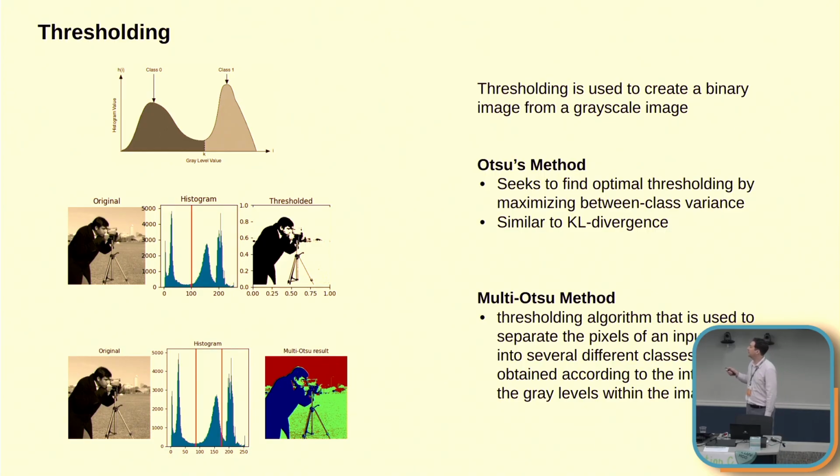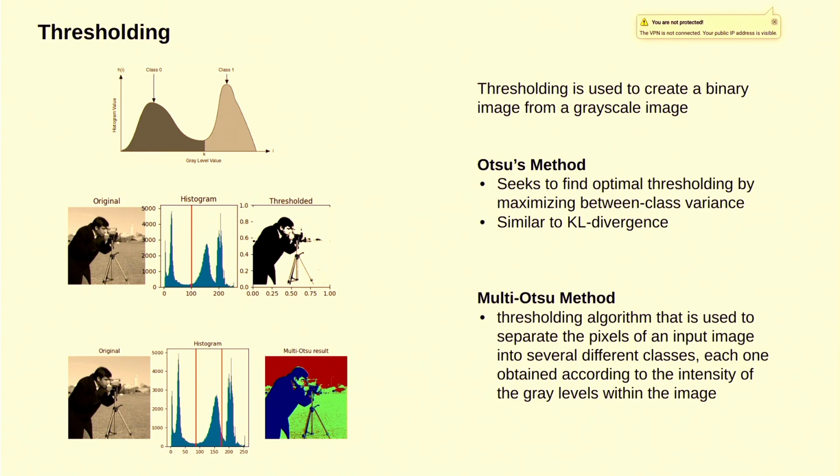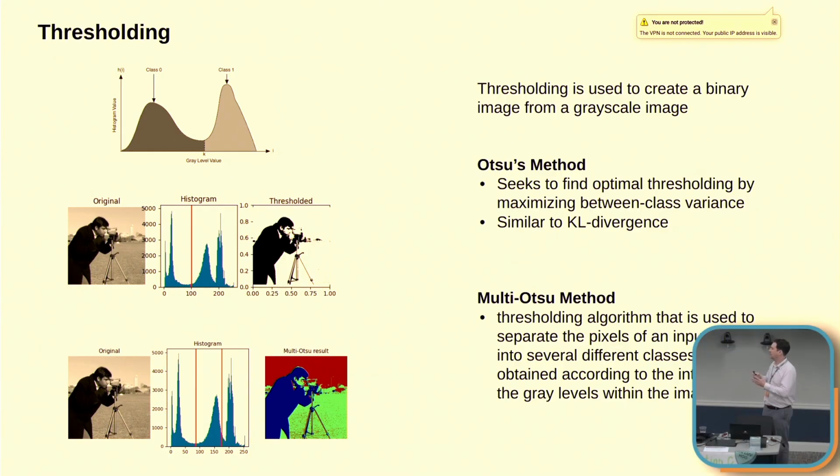You can see this image separated into the black and white region. And it found that local minimum right there to do that. The multi-Otsu is similar, but it looks at multiple minimums to divide the image into distinct classes, and we can use these methods to our advantage as we go through the segmentation operations.